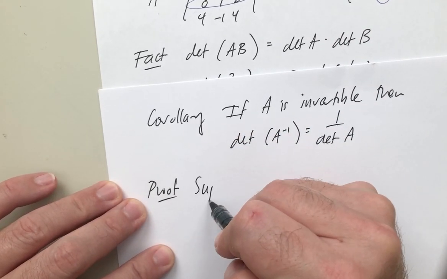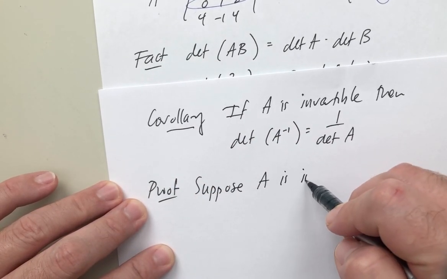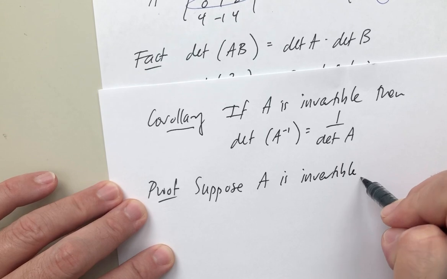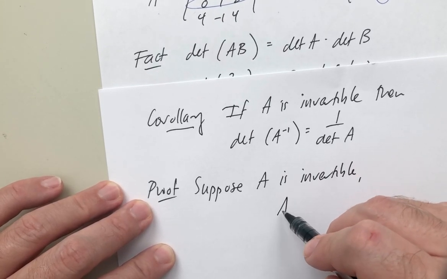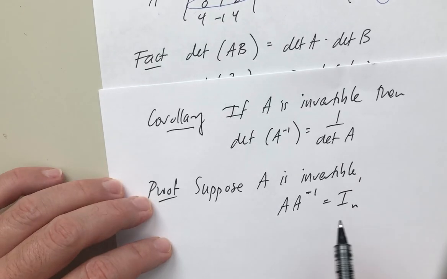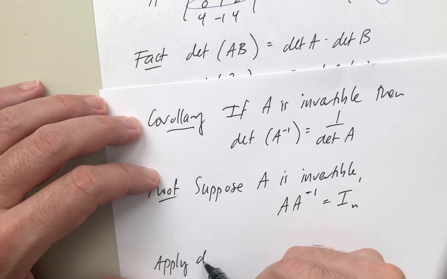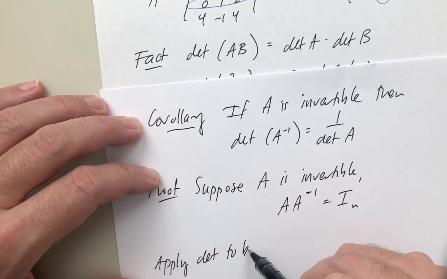Okay, so suppose A is invertible. Well, we know that A times A inverse is the identity, right? So we have an identity matrix, and this is the property that it satisfies. Now let's apply det to both sides.